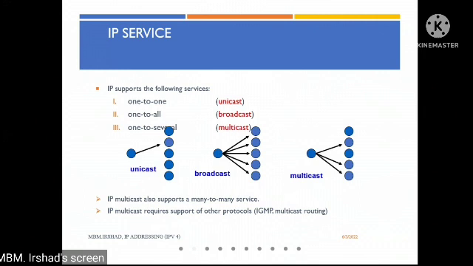Then IP multicast requires some protocols like IGMP and multicast routing. If you want to know all these routing protocols in detail, you have to learn for yourself, or you may have to do some other networking classes, CCNA or something.